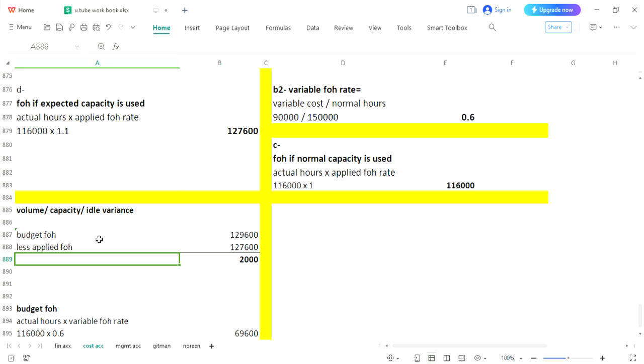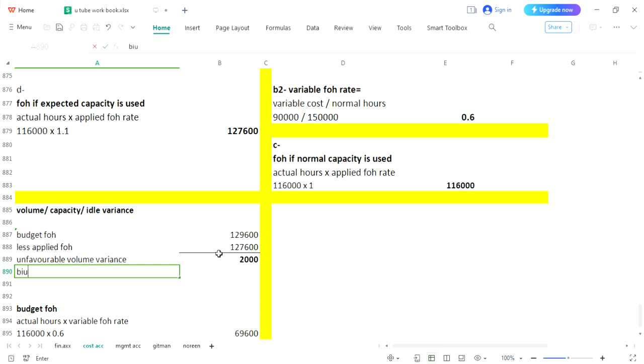It's time to conclude. As you know that if budget FH is more than applied FH, it is unfavorable. So we can directly conclude unfavorable volume variance. And how have we managed?